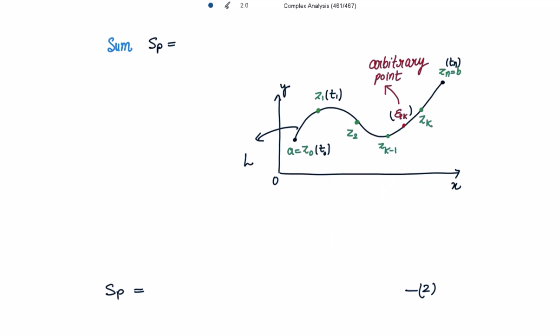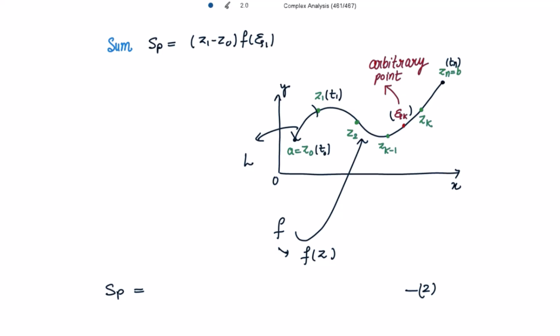So writing the sum Sp to be equal to, we write the format by taking the difference of this interval first, that is z1 minus z0, and because f is a function defined on this arc L, it is a function depending on the complex variable z. So this difference is multiplied with f of, let's say, xi1.